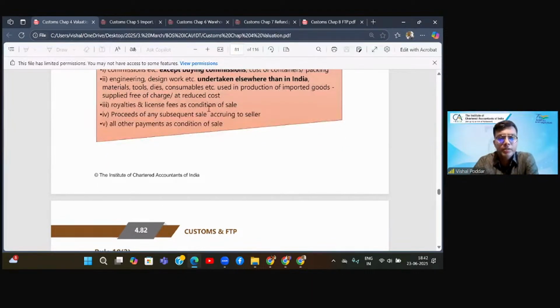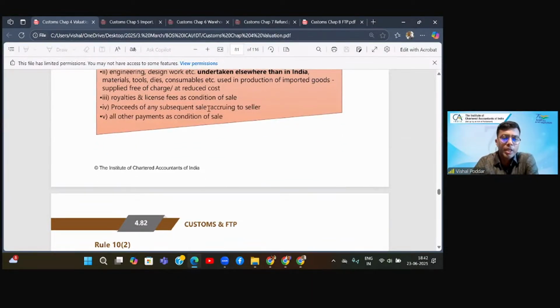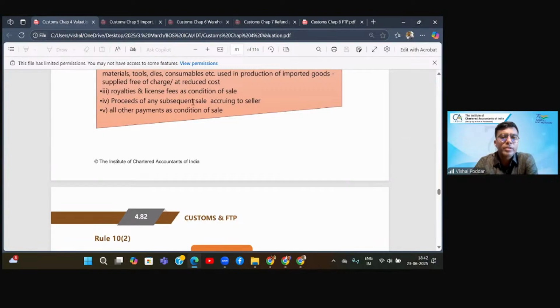Next, royalty and license fees, and proceeds of any subsequent sale. See, this was one of the conditions also in Rule 3. If in future you are going to give me some portion of your earnings, so what we have decided is today you will give me a lump sum, let us say 10 crores, plus in future when you sell my goods, whatever you earn, you will further pass me 5%.